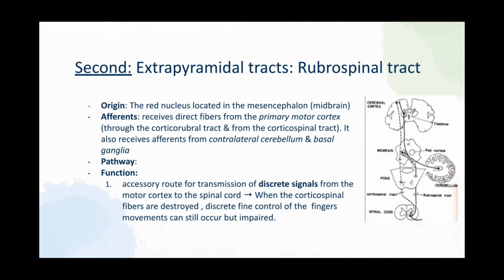And then it descends. It has a decussation here at the same level in the midbrain. That's why it's important to know where the decussation happened. So the decussation will be here, and it descends on the opposite side. It will descend to the spinal cord on the opposite side, and then makes its synapses.